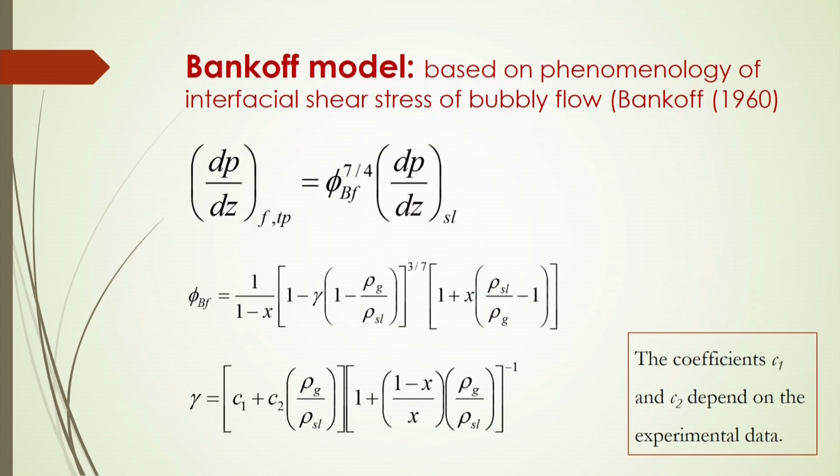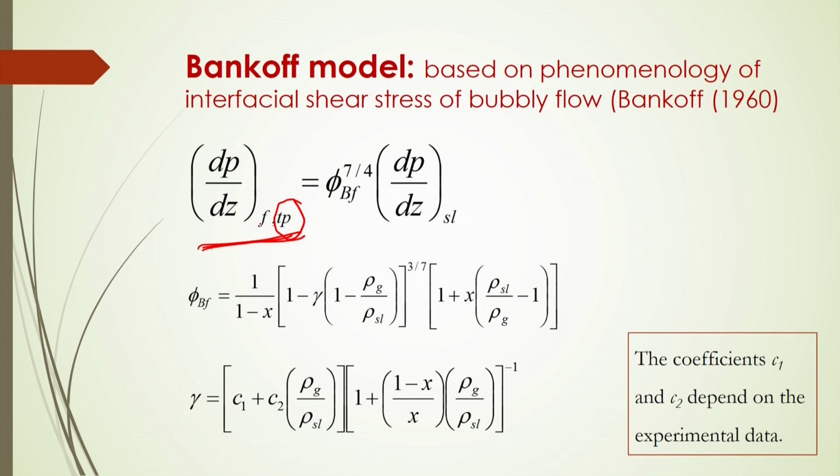Now, Bankoff 1960 developed another correlation based on this Lockhart-Martinelli concept. Here they said that for this 2 phase frictional pressure drop, or in this case the 3 phase frictional pressure drop, you consider the liquid and solid as one slurry and the gas as another phase.